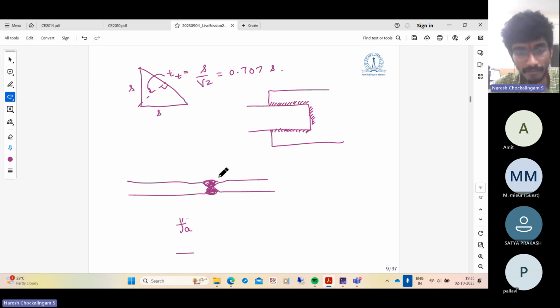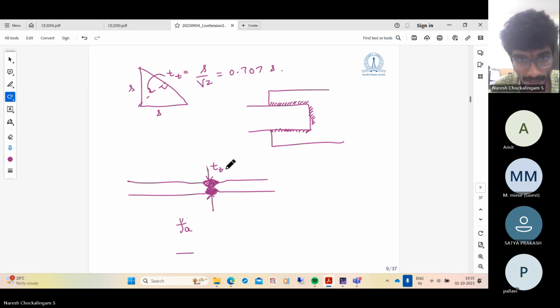In this case, we call it a full penetration groove weld, and the throat thickness in this case is not any. So the effective throat thickness, which is resisting the applied tension, is this. So the throat thickness is the entire depth of the plate.